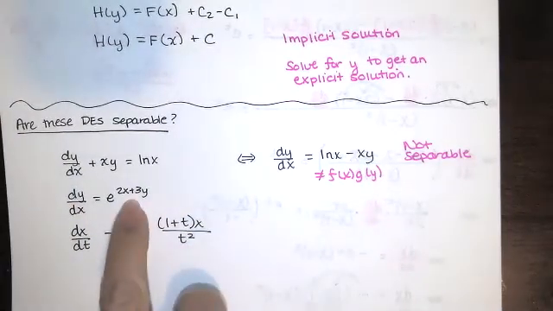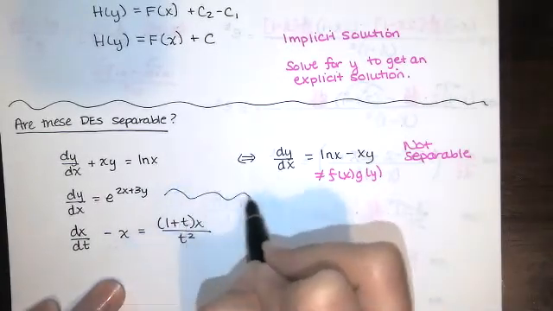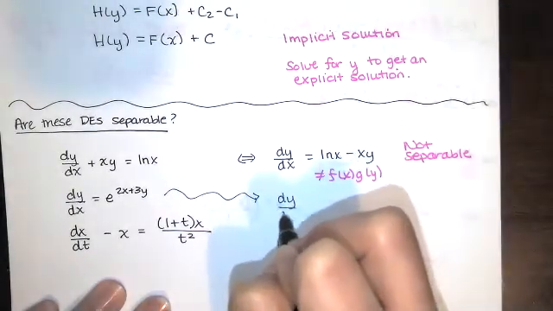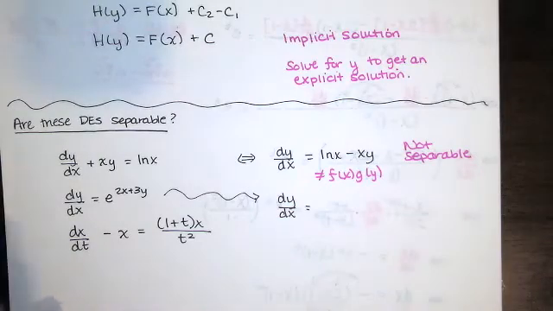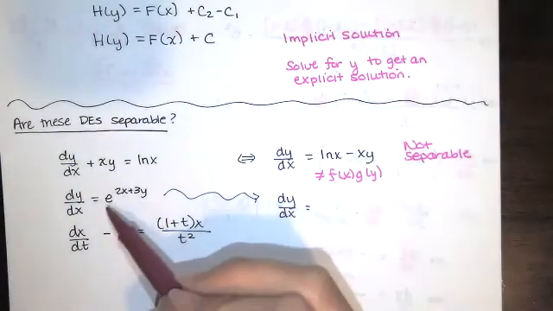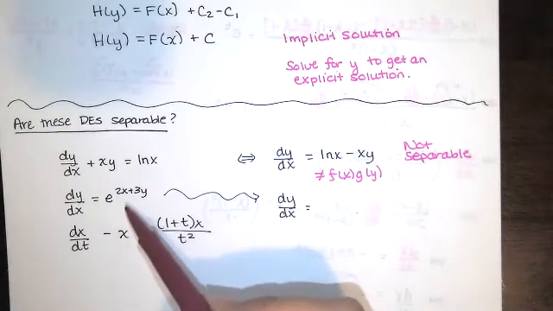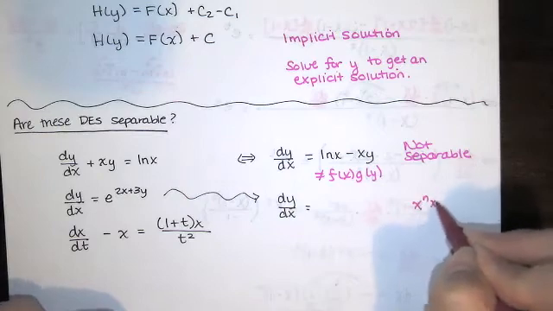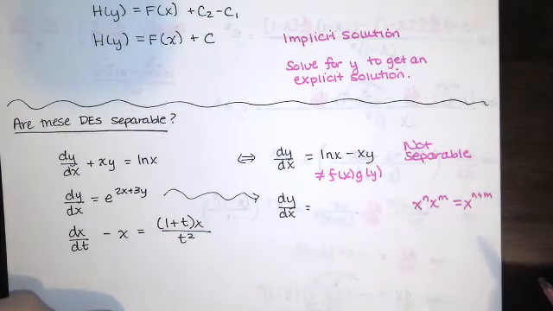What about this guy? I hope you said yes, because it turns out that one is separable. It's just kind of hidden. You've got an exponential here, and you might be tempted to think that you can't split this up. But remember how exponents work. If you have x to some power times x to a different power, you just add the exponents.